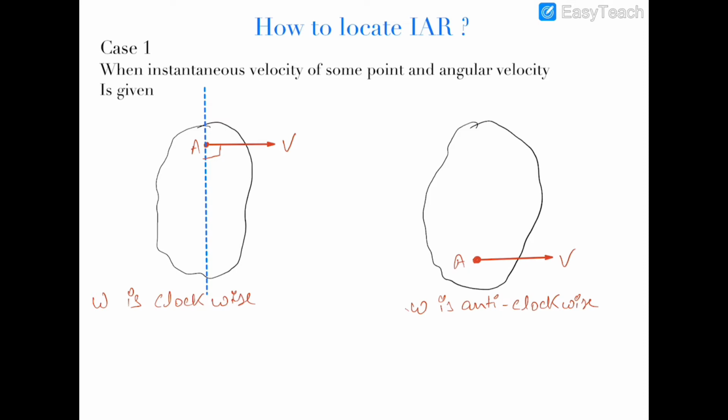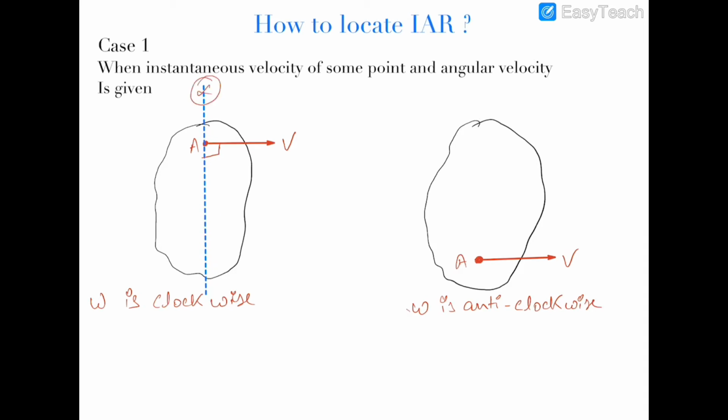IAR would be lying on this axis, either on the upper side or the lower side. If we assume IAR on the upper side, then if this body is rotating and moving in this direction at this instant, its angular velocity would be in the anti-clockwise sense, but it is given in the clockwise sense. Therefore IAR cannot be at this point above the point A.